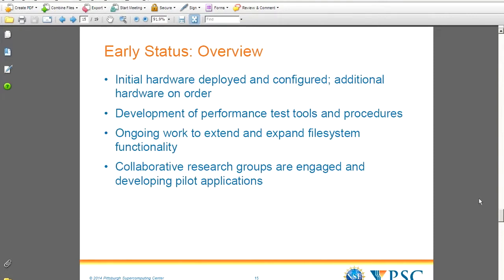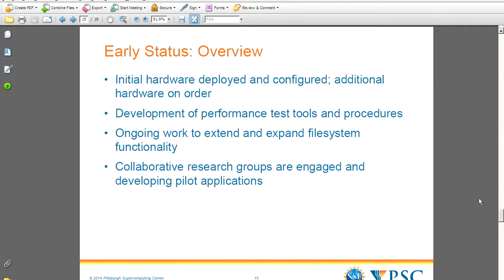So back to slide 15, please. I want to wrap up with a summary of the early status of Data XSL. The initial hardware is deployed and configured. We have additional pieces on order, and those are being configured over the next month or so.